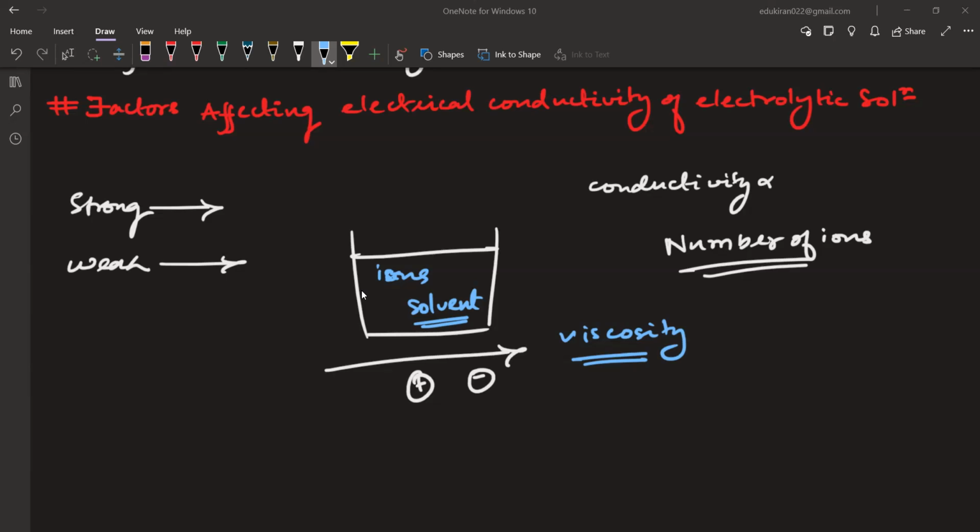Which is more viscous, Sarah? Honey, right? Ahmed, Fatima, which is more viscous, honey or water? Honey. So you understand now what viscosity and viscous liquids are.